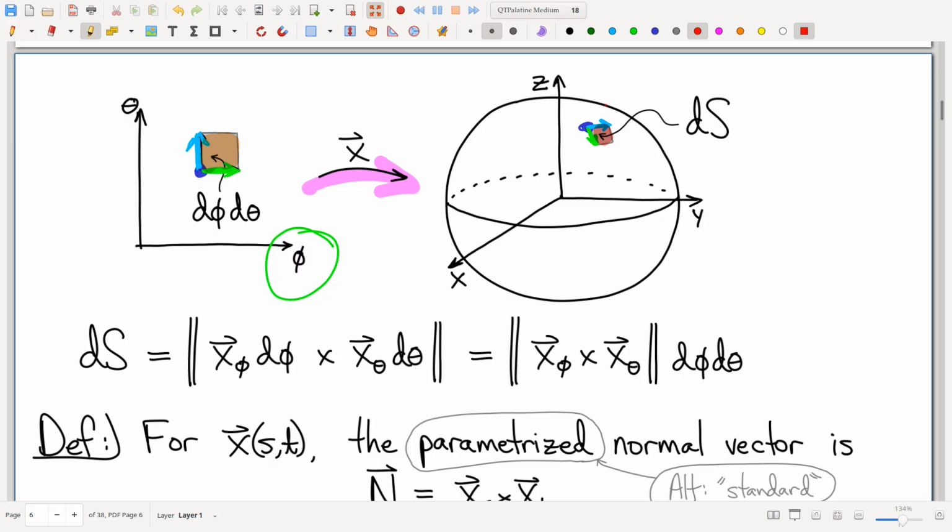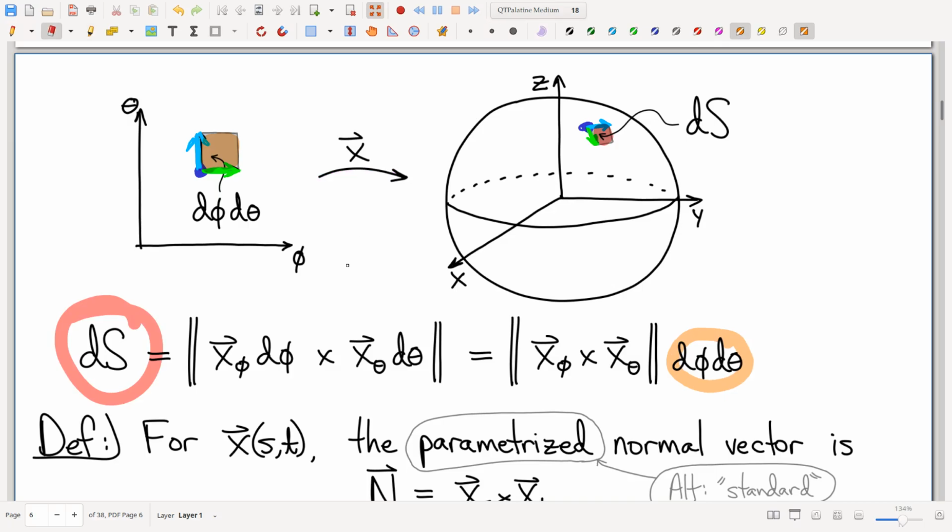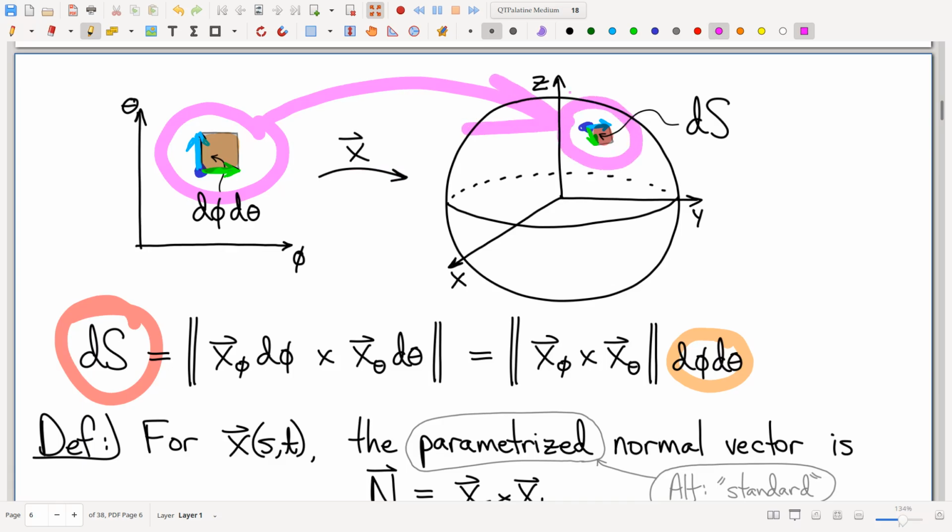And again, you can ask the usual question we've asked a bunch of times in a bunch of different contexts. If I look at the output size and I want to compare that to the input size, what is the relationship between those sizes? What is the factor by which this area, in this case, gets stretched out to become that area?